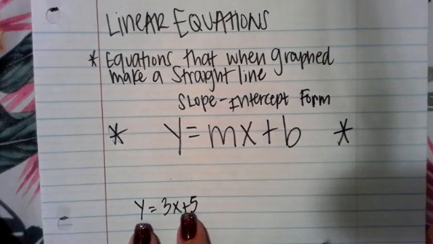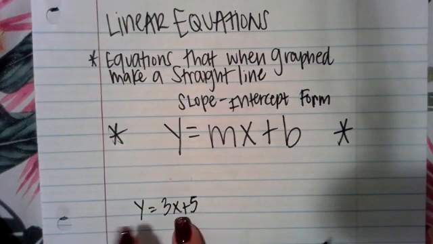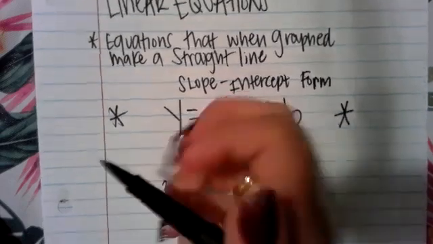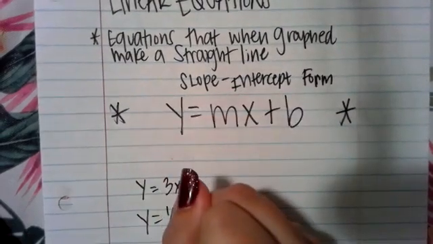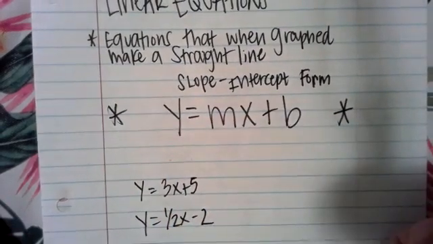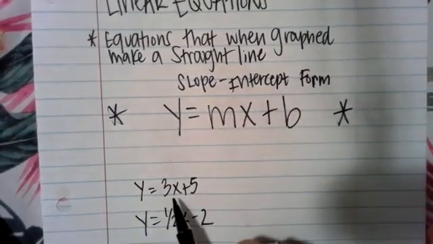And you'll notice that I have an x and a y in my equation, and that's going to coordinate with x and y points on a graph. So if I have an equation that looks like this, or I could even have an equation that looks like this, this is that slope-intercept form.